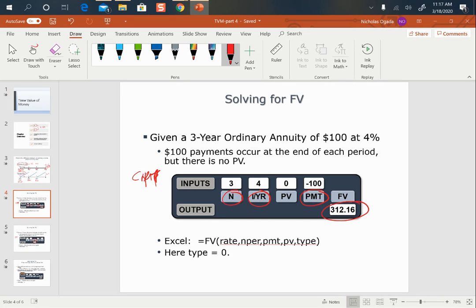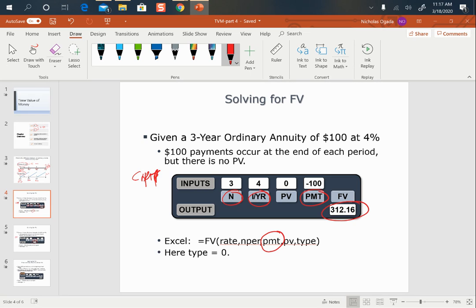The formula remains the same. The only difference is now we have the PMT, where the PMT in this case is going to be $100.